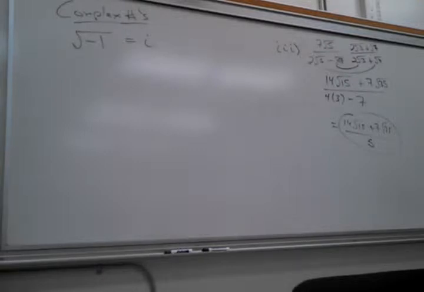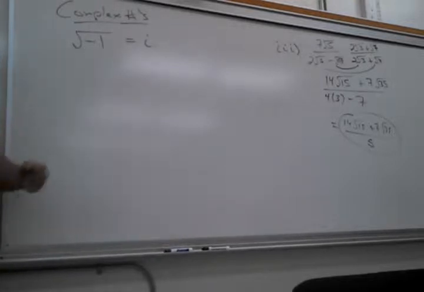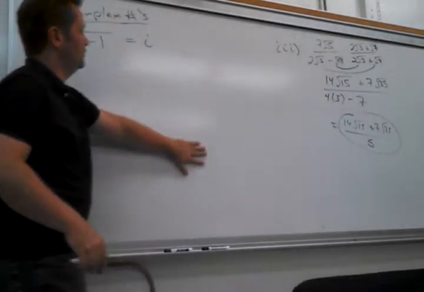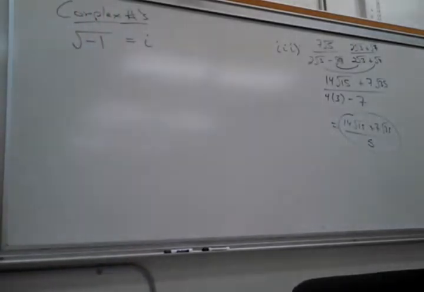Now, I'm going to give you a little bit of the history. We haven't talked about this yet, but you all know the quadratic formula. Everybody's seen that somewhere. Negative b plus or minus square root of b squared minus 4ac, all that stuff, right? Okay. So the history of mathematics is crazy.